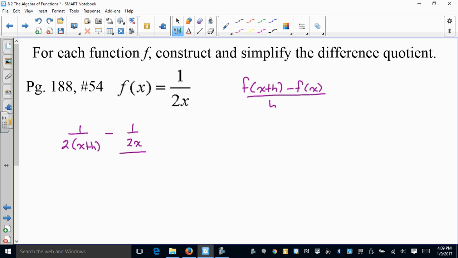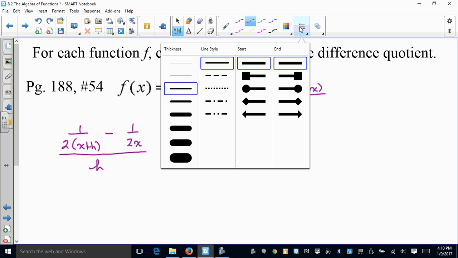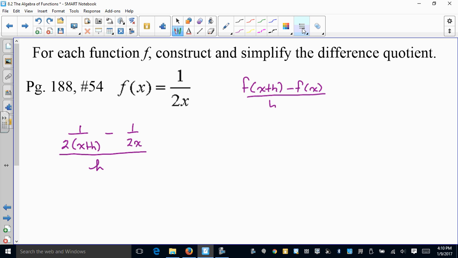Now, before you can do anything with the h, you have to get a common denominator up here. So I already have a 2 on both of these, but this one has x, and this has x plus h. No, you can't just do plus h plus h, because we're looking at things that are being multiplied.